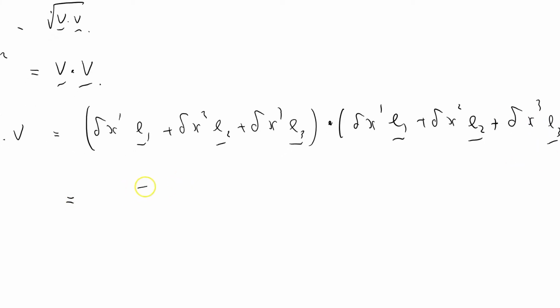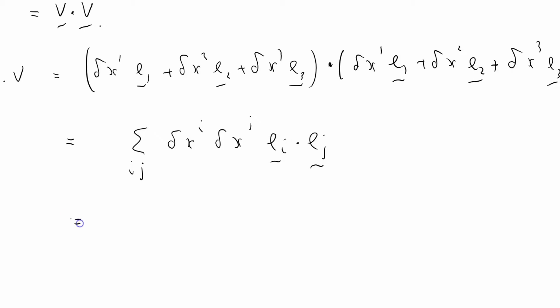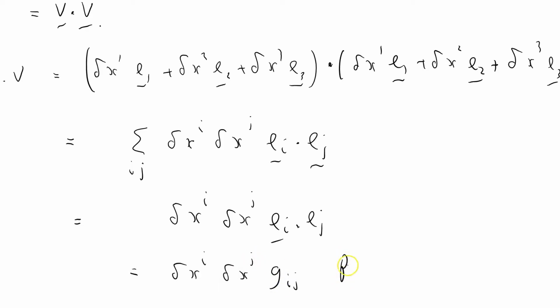That equals the sum over i and j of delta xi delta xj ei dot ej. Oh, I don't need the sigma over i and j because I've got the summation convention: delta xi delta xj ei dot ej, which is delta xi delta xj gij by definition.